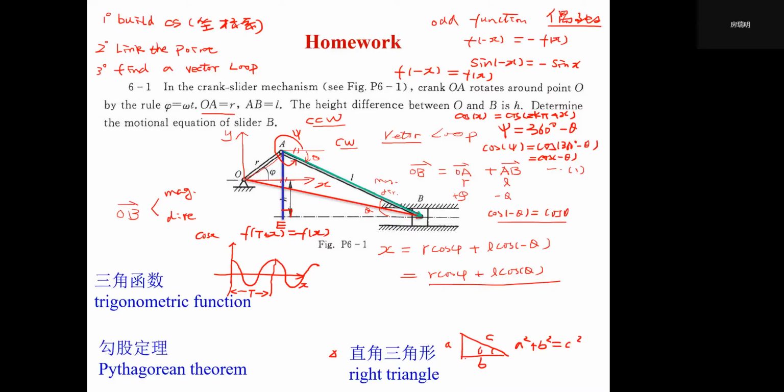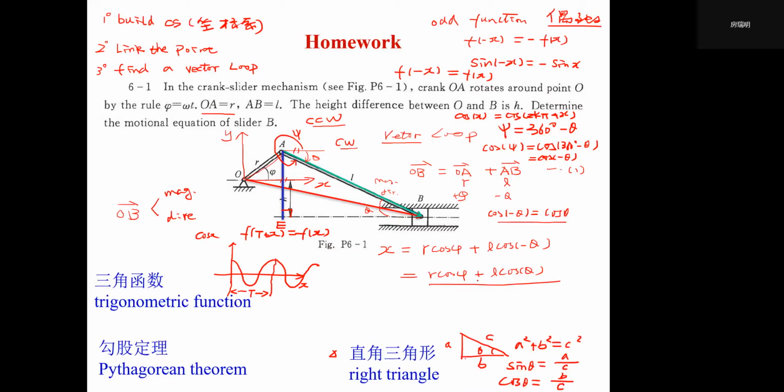If here we have angle theta, then sine theta equals A over C, and cosine theta equals B over C, right? So this L cosine theta is just the length of this.